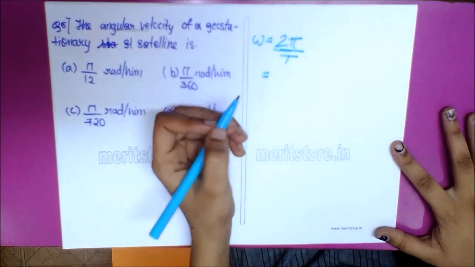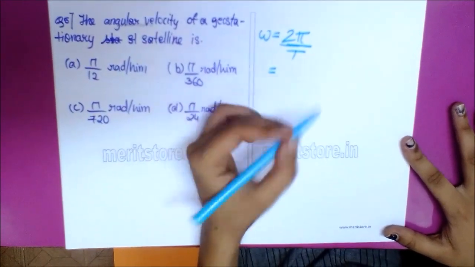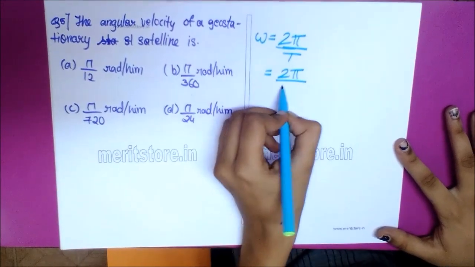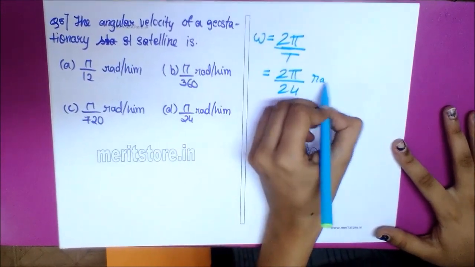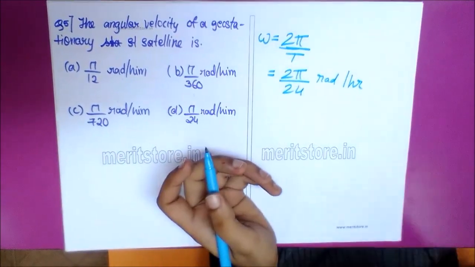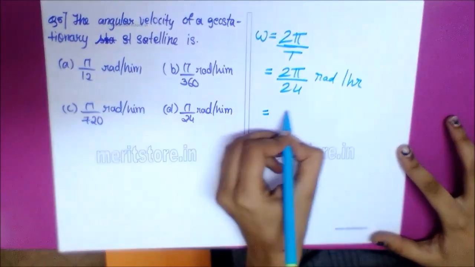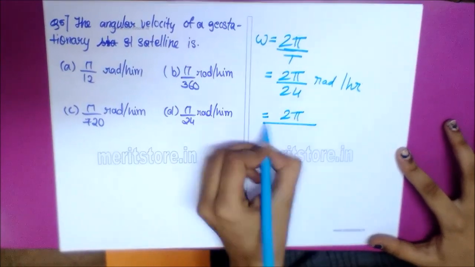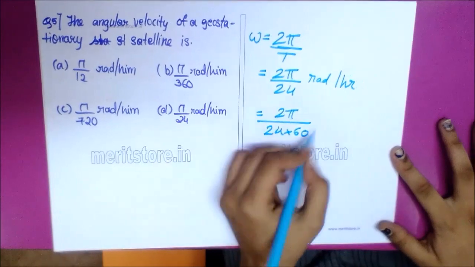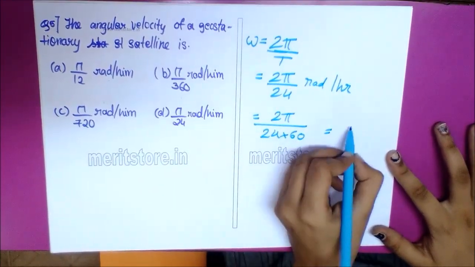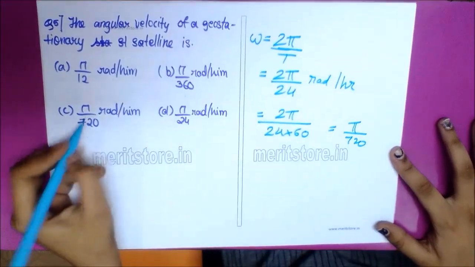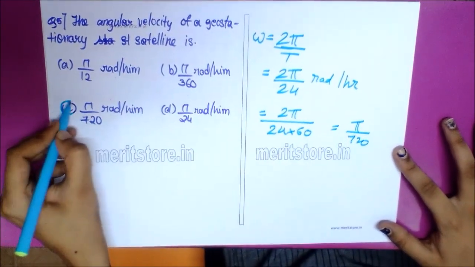It's a geostationary satellite, so as our day moves, it has 24 hours, so t will be 24. 2 pi by 24, but again it is per hour. We have to convert these hours into minutes. Therefore, we have to multiply 24 by 60, that is dividing the overall equation by 60. When you solve this, you get pi by 720 radian per minute. Option C is the correct option.